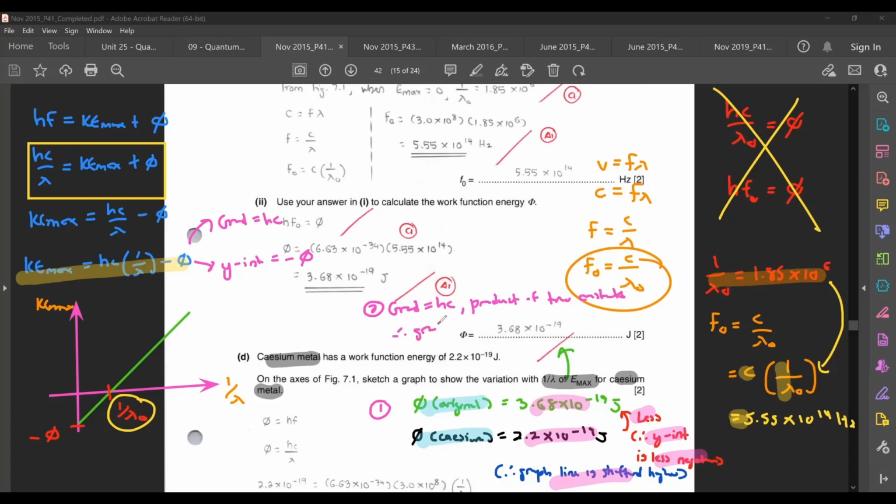Therefore, the gradient of the line remains the same. Okay, that is one thing I should have. So now, that new line that I draw would be higher, like this, in this manner. Okay, so this is what I expect to see. A less negative y-intercept, and then a gradient that is still the same as before.